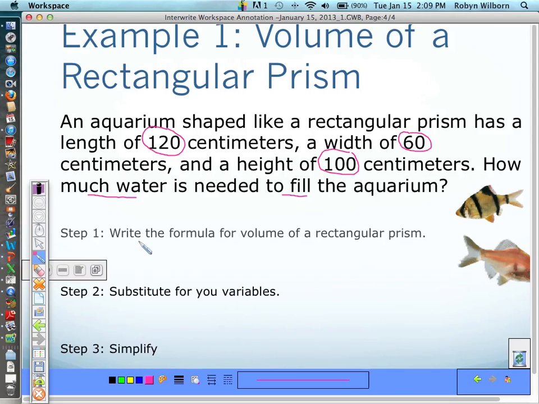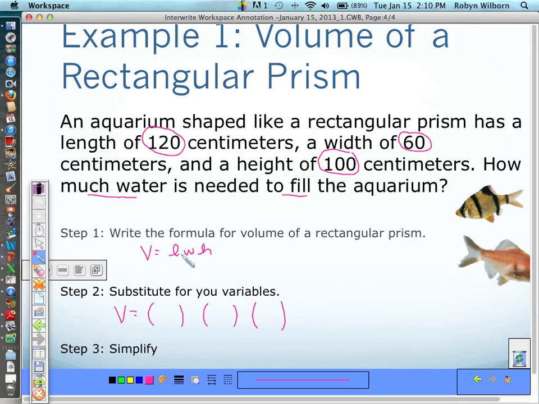So we've got 3 steps here. The first step, we're going to write the formula. If we're following along, we will have volume equals length times width times height. Then we're going to substitute in our values. So volume equals, and remember what you learned: anything you substitute in, you want to put in parentheses.